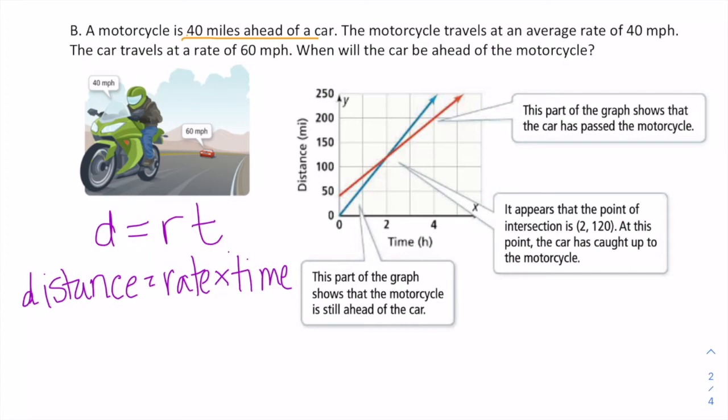And then it's going to be traveling at a rate of 40 miles per hour. So let me write an expression for the motorcycle. The motorcycle is going 40 miles per hour, and I could put t or x. I'll put t just so we have the same variable. Okay, and then plus 40, because that's where it started. It started 40 miles ahead.